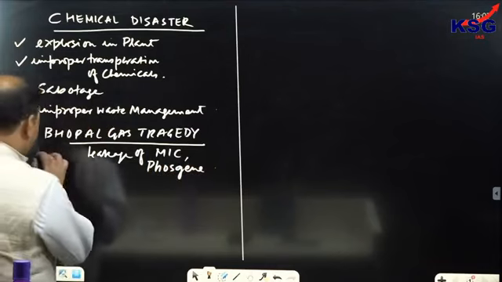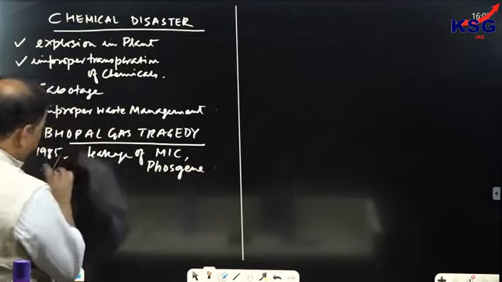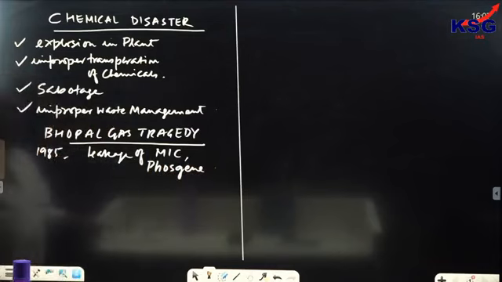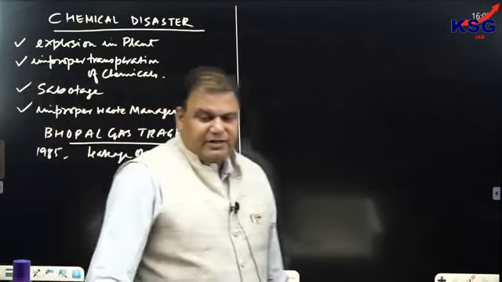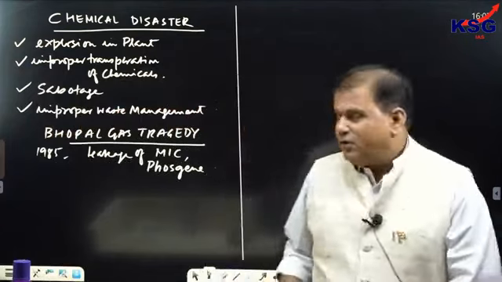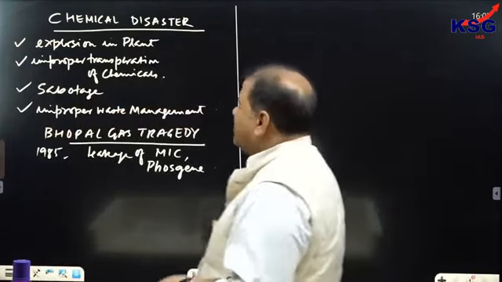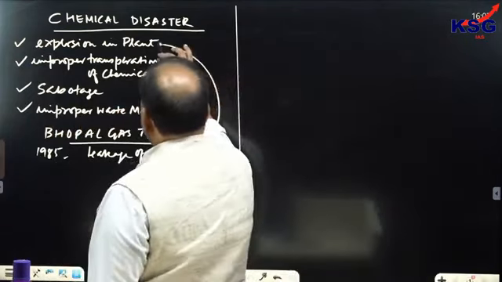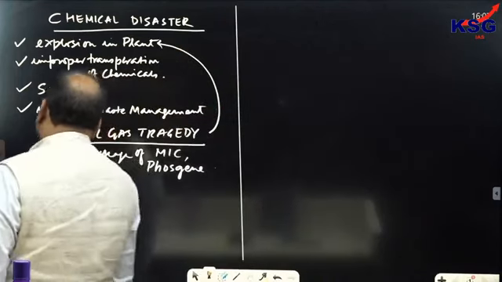So 1985 is the tragedy, phosgene, and this leaked. Why? Because water passed into the main tank, which was responsible for the leakage. Clear? So you can see explosion in the plant. Example is Bhopal gas tragedy.